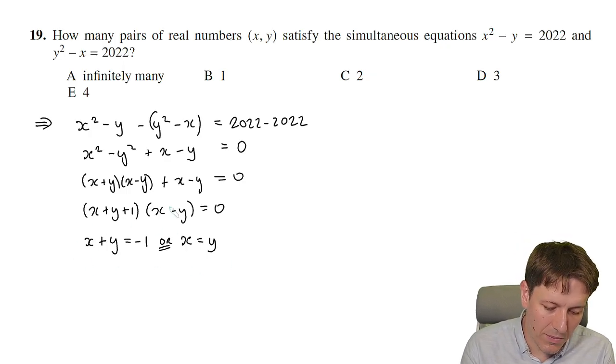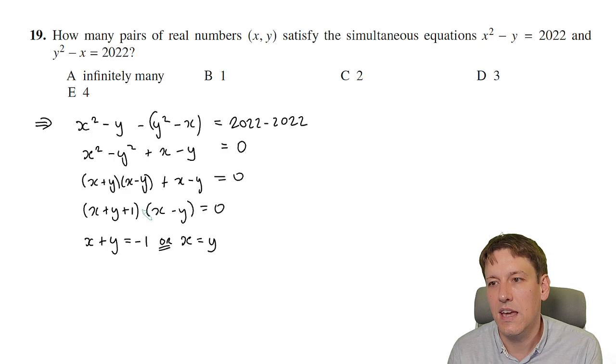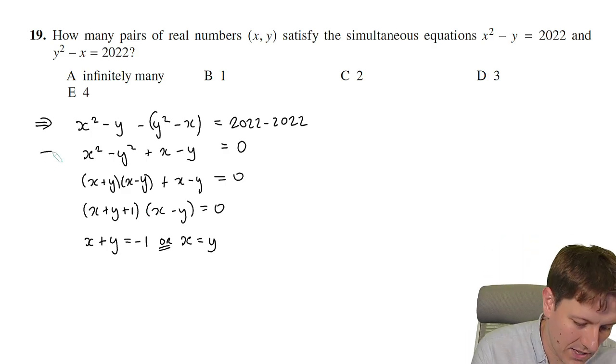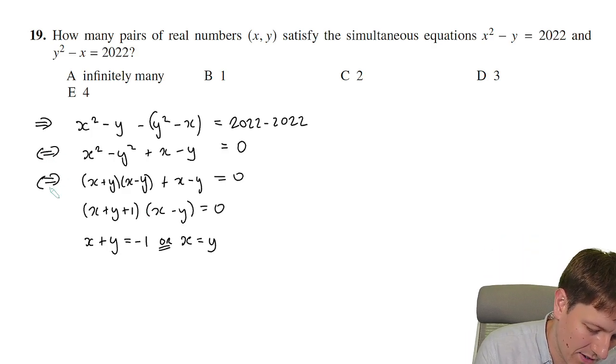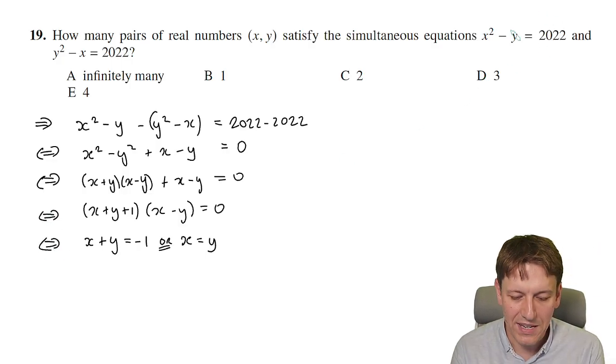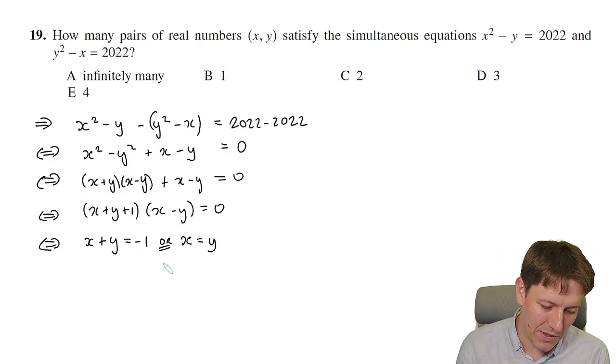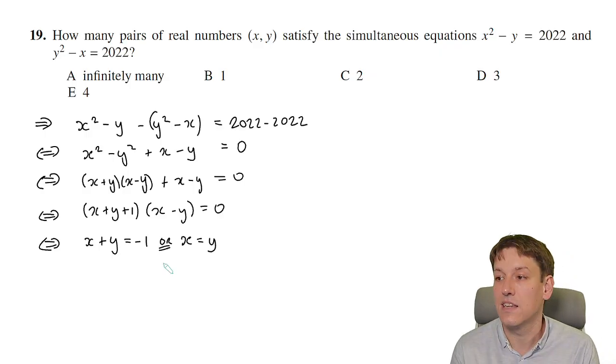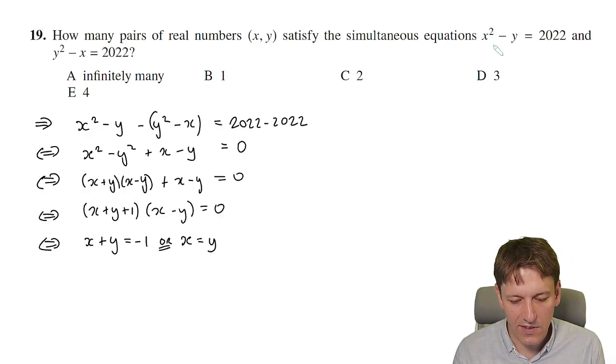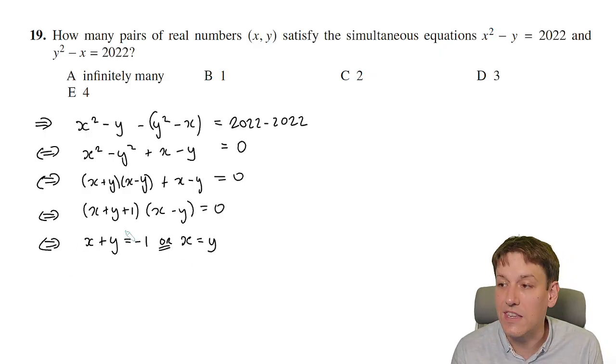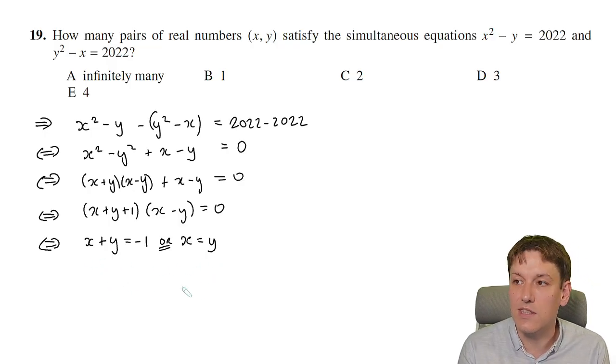So once I've got my answer at the end here, and I suppose the other steps here, I guess, are if and only if statements, so I'm okay all the way down here. But to go back to the original equations, I need to do a little bit more. But it's certainly the case, based on this argument, that anything that satisfies these original equations will also satisfy these ones, so I can just narrow my search to these cases.